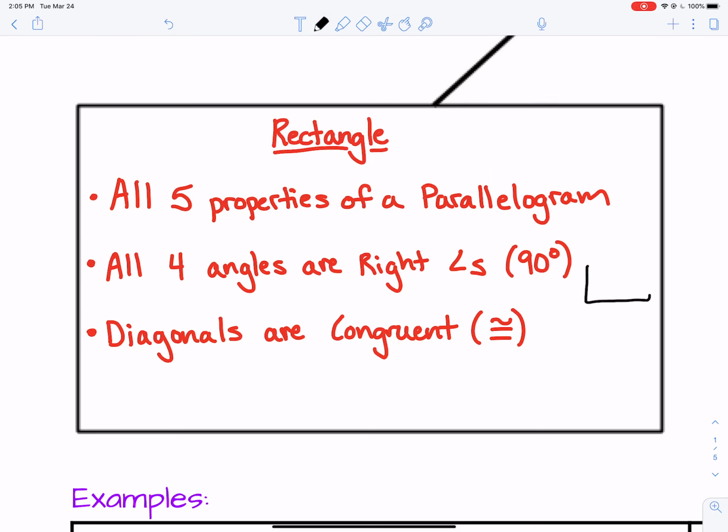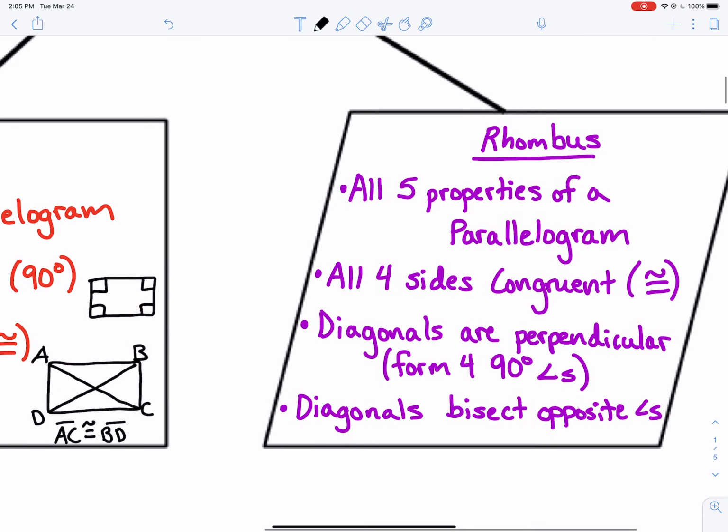So in a rectangle, each angle is a 90-degree angle. And then the diagonals are congruent to one another. So if we have a rectangle called ABCD, AC is congruent to BD.